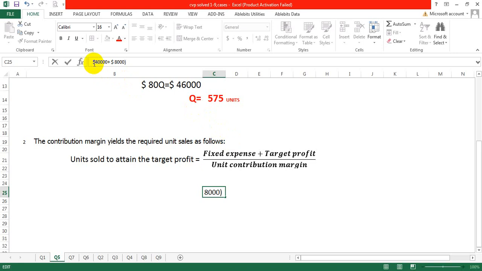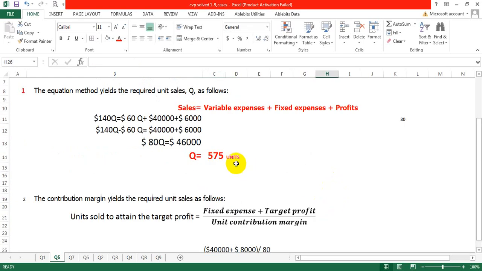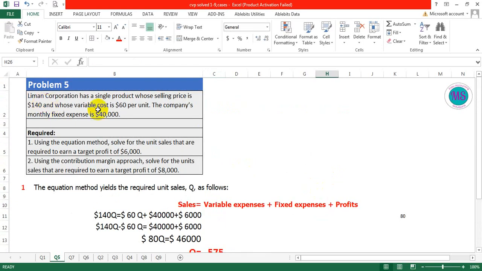I will divide this value by the unit contribution margin. My unit contribution margin was sales minus variable, that is 80. We can check again: my sale is 140, my variable is 60, so my CM is 140 minus 60, which is 80.